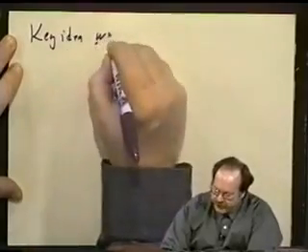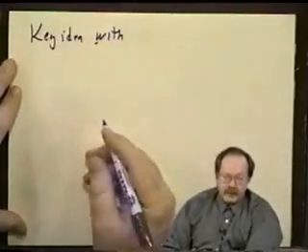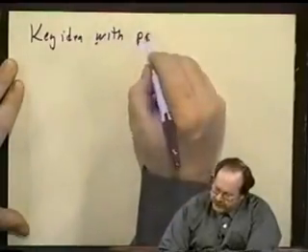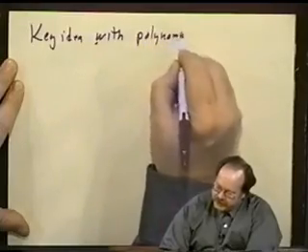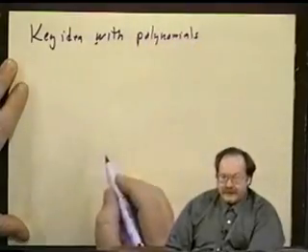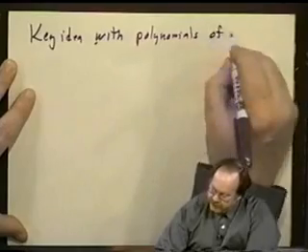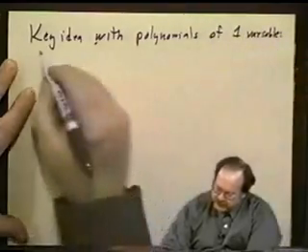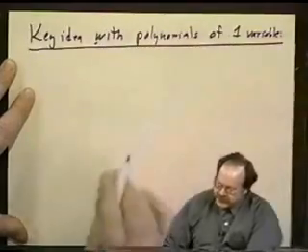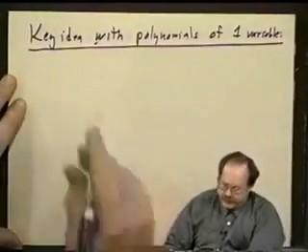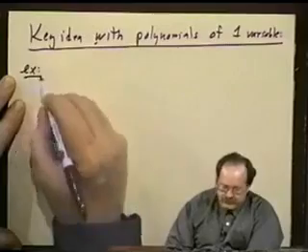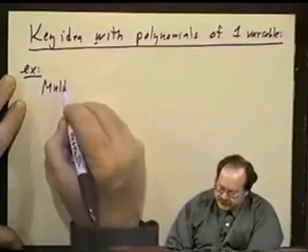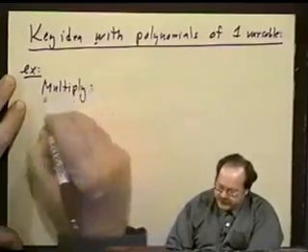Now here's the key idea with polynomials. Now polynomials is what we want to deal with. Polynomials, and the only kind of polynomials we're going to deal with most of the time, polynomials of one variable. And our variable in this course, for the time being, will be x. So here's the key idea with polynomials of one variable. Example, same thing, except now it's polynomials instead of numbers.